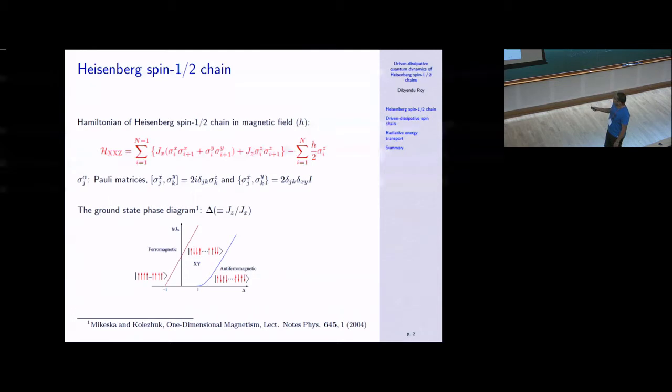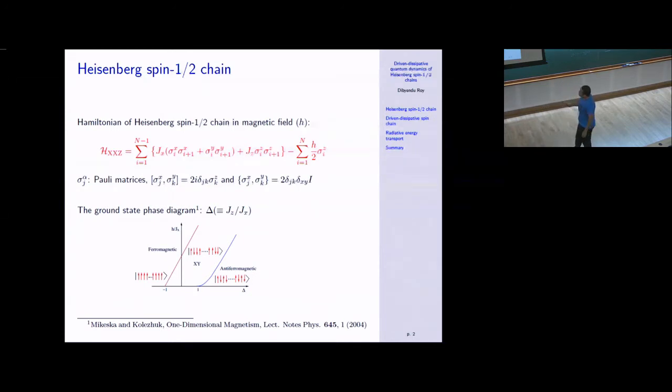For delta less than -1, the spins will try to align themselves in the same direction. So the ground state will be a ferromagnetic ground state. And for delta greater than 1, the spins will try to align in the opposite direction. So the Néel state, an antiferromagnetic state, will be the ground state. And between -1 and 1 of the value of delta, I will have an XY phase. And this is a disordered phase where the spins in the z direction are random.